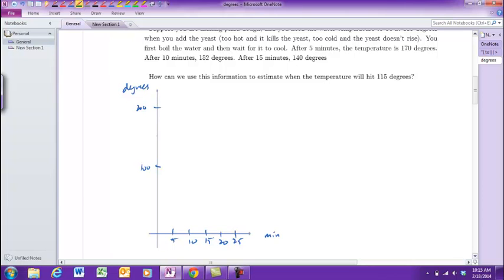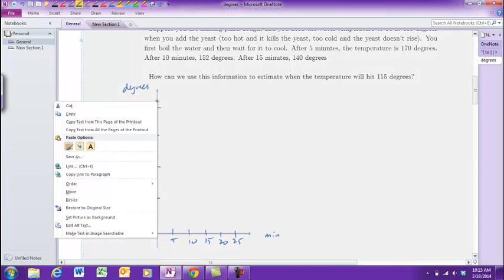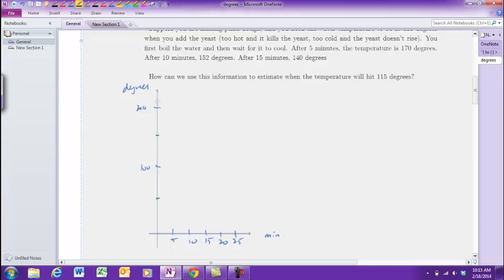So this is about 150. There's 50, so 212, that is the temperature at which water boils. So I can put a dot right there. That's 0 minutes, it was at 212 degrees. After 5 minutes, the temperature was 170, so that's 5, 170, right about there, because this is 150.